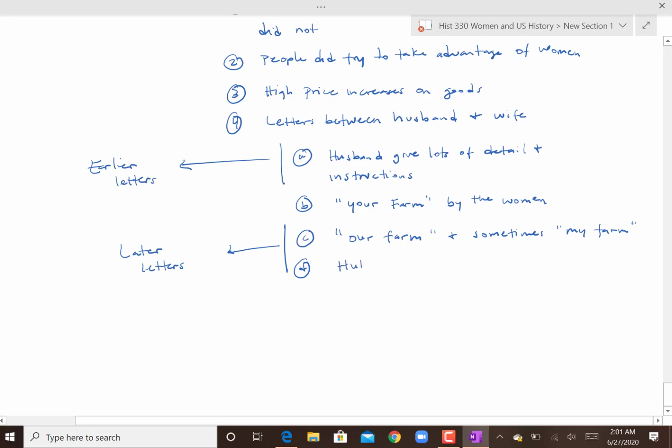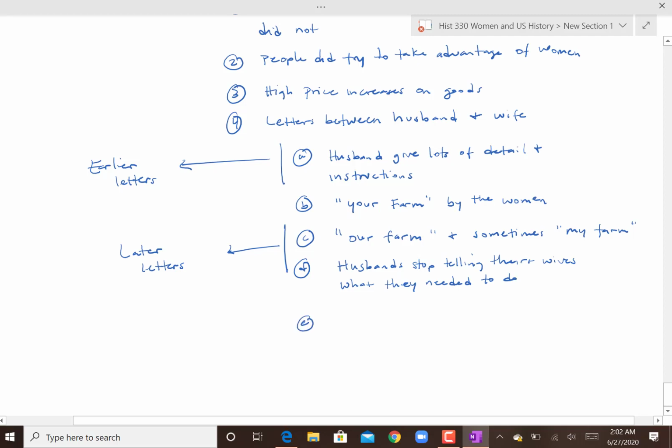You see husbands went from writing instructions to basically stopping telling their wives what they needed to do. They realized that their wives were capable, and they stopped providing instructions and micromanaging the process.